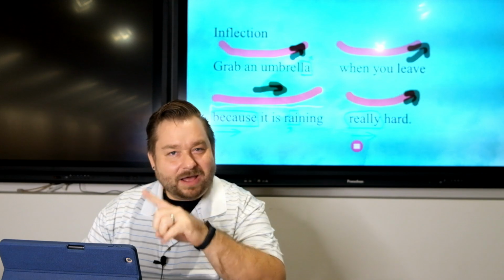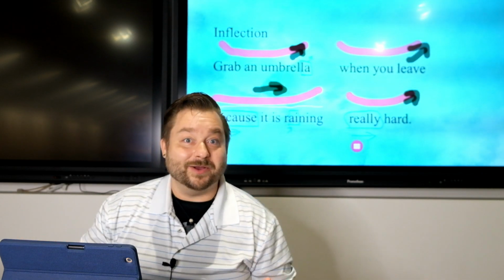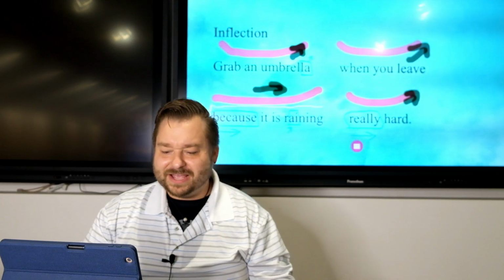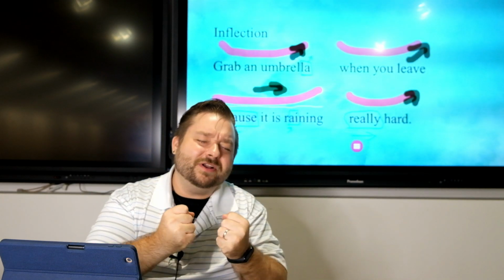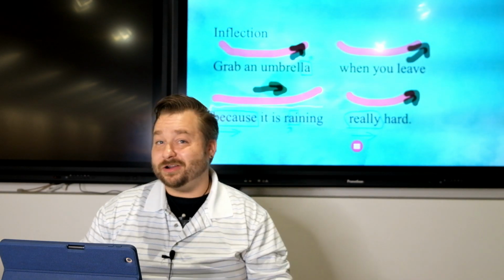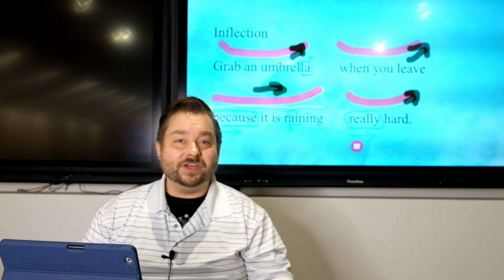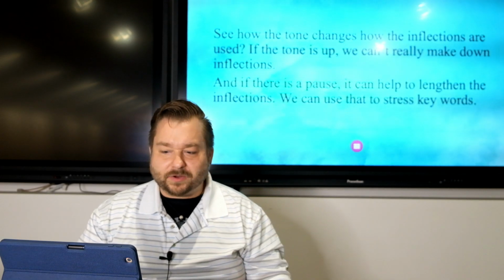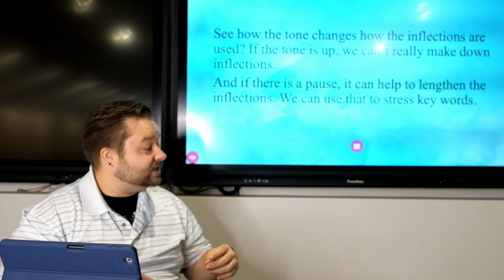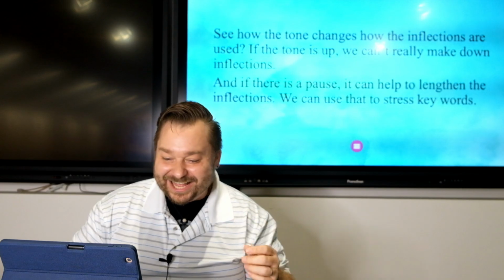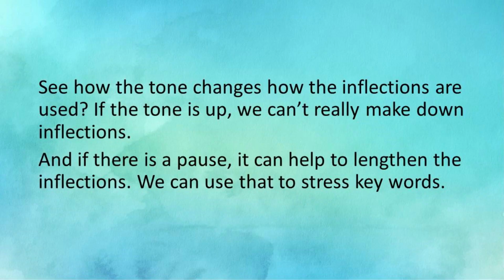We put the tone up. Now you're a parent who cares, right? You care and love for your child. Your tone's up, and you're telling them how important it is because it's raining really hard. There you go. There's a lot more meaning when we do these things. You can see how the tone changes. My chair slid really far. You can see how the tone influences the inflections.